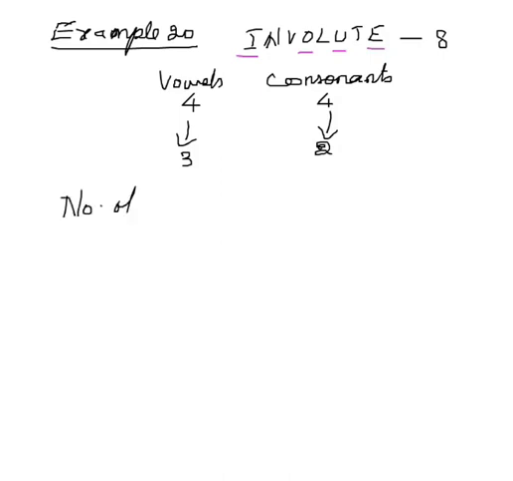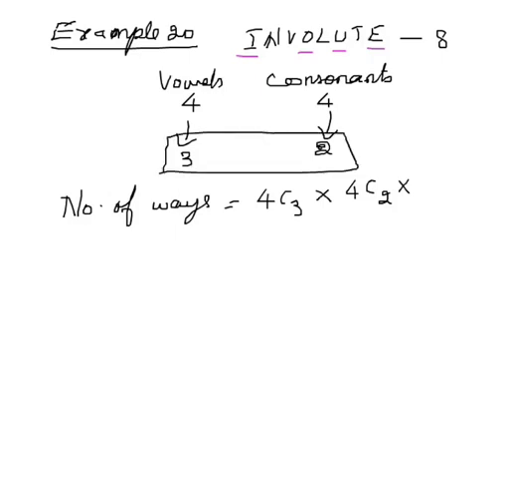So total number of ways is equal to, so first we are selecting 3 vowels out of 4 vowels and 2 consonants out of 4 consonants. Since we are doing selection, I am using combination 4C3 times 4C2. And totally we have 5 alphabets to arrange. Now 5 alphabets can be arranged in 5P5 ways, which is 5 factorial.